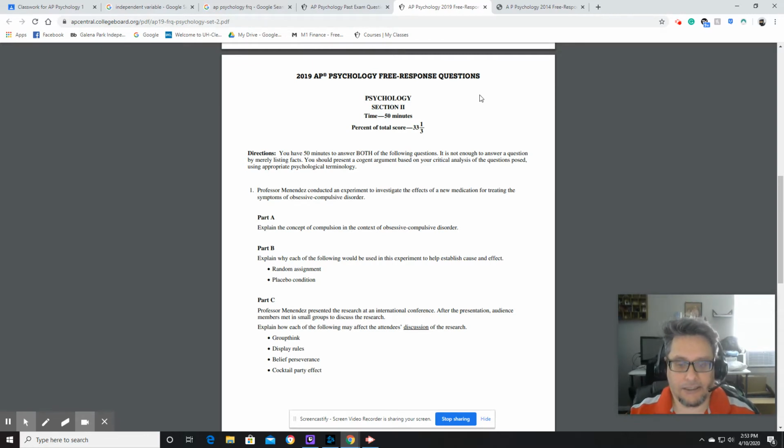Now, we did talk about the cocktail party effect in sensation and perception, so we'll hit that one real quick. Cocktail party effect is that whenever you're talking to somebody, you can drown out the other people that are around you speaking at a similar volume.